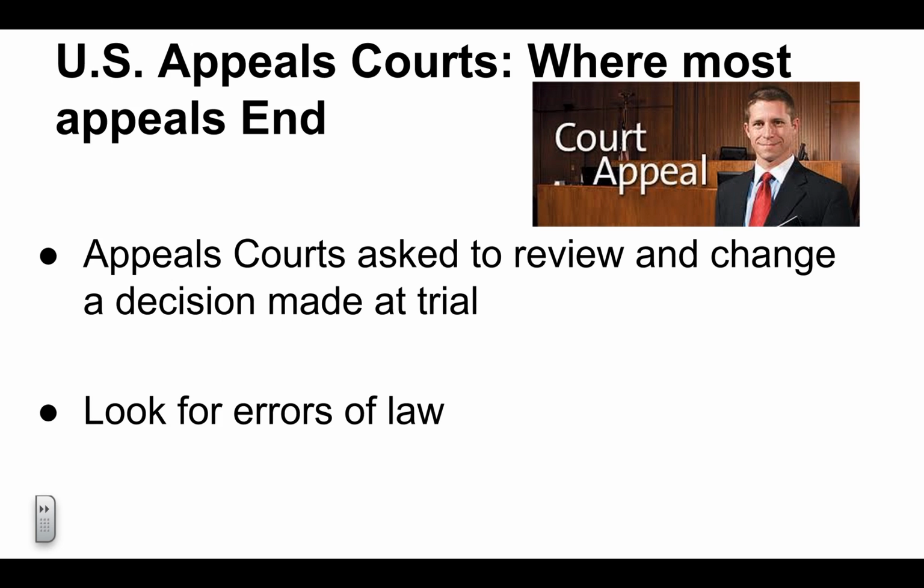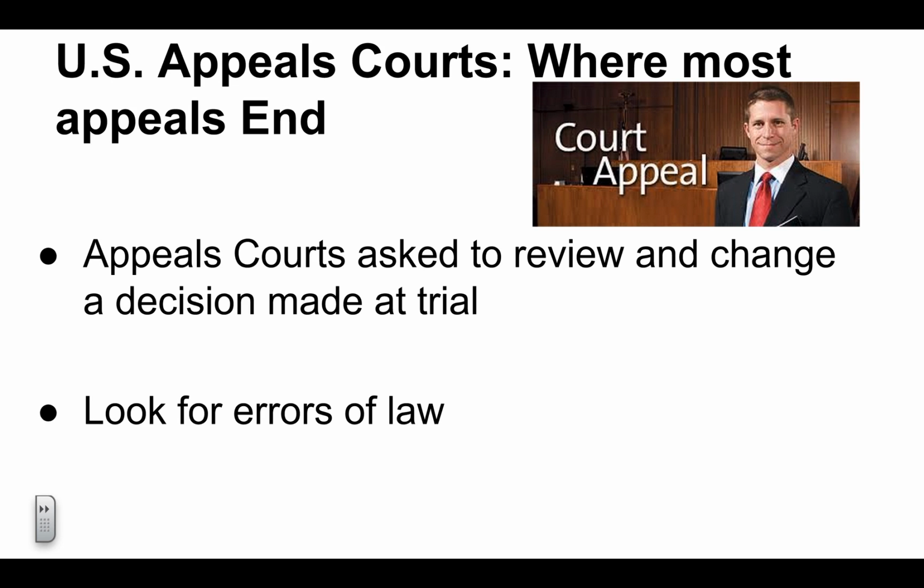The judges who staff the appeals court sit in panels of 3 to hear cases. Their primary job is to review district court cases to determine whether a district judge made an error in applying the law in that trial. So they're looking to see if that person got a fair trial or not, or if some law was broken, or if their constitutional rights were not followed.